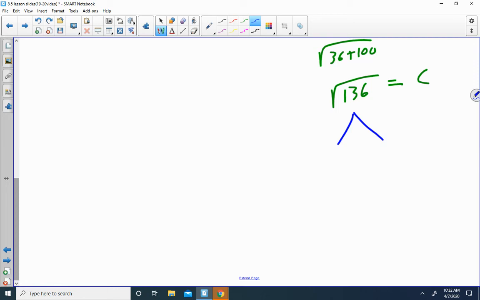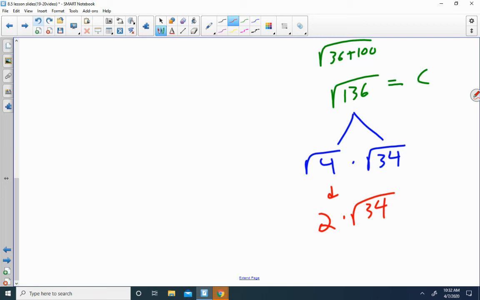Let's see. 136 divided by 4. Yes, we can. We can use the perfect root of 4, because 4 times 34 ends up getting us 136. And of course, the square root of 4 is a perfect root, so it goes down to 2, and then just root 34.